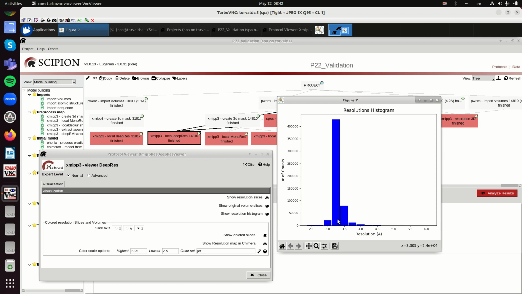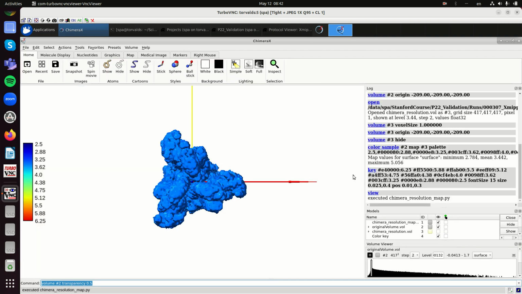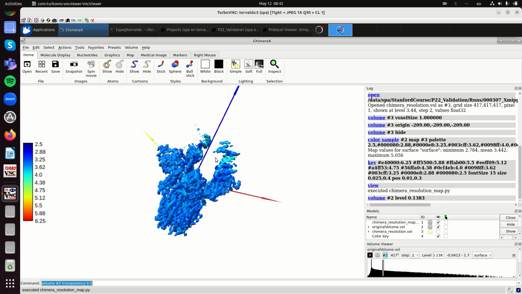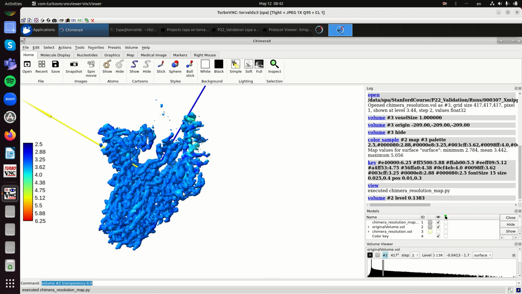And the reason is that DeepRes is fooled by the mask, as we can see. This is very nice. It really looks like having very sharp details, but these sharp details are caused by the masking.